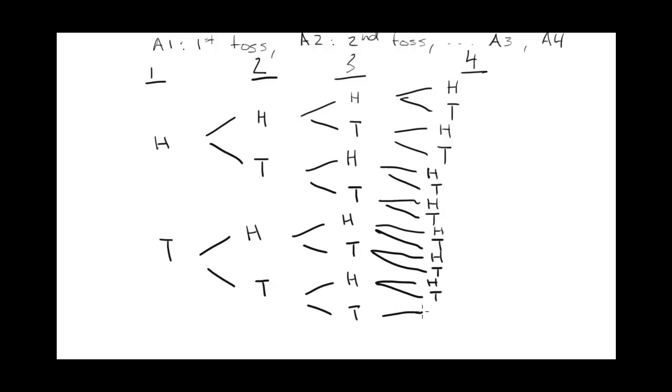So there are 2 branches from every previous outcome. Okay, so count these up. How many total possibilities are there if you toss a coin 4 times? Count them up. Therefore, there are 16 possible outcomes.